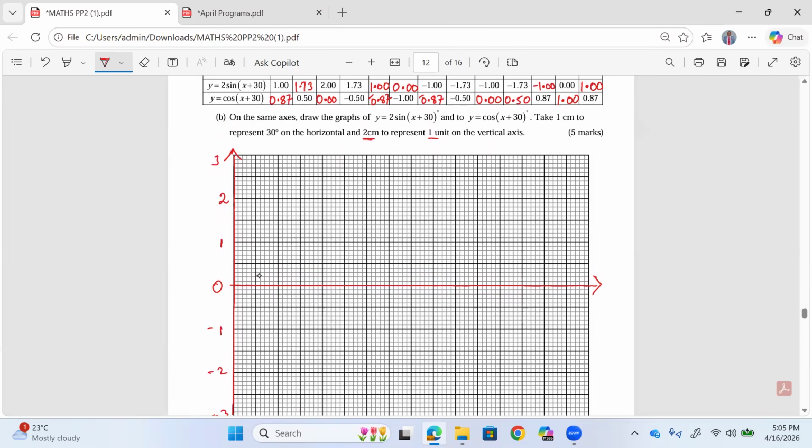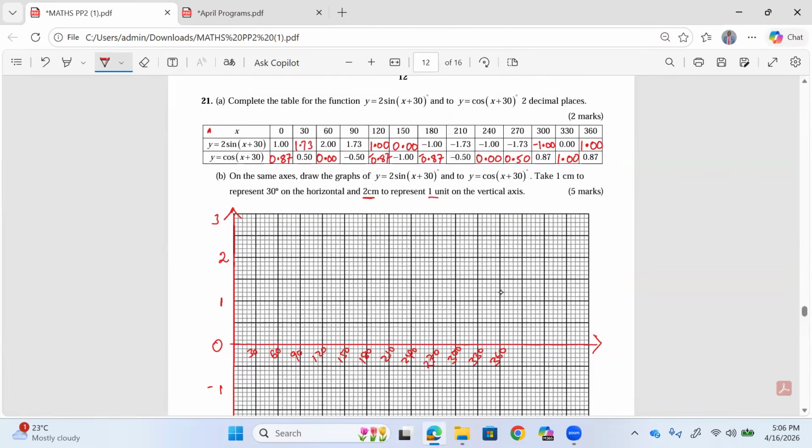So to use 1 centimeter for 30 degrees: 30 here, 60 here, 90, 120, 150, 180, 210, 240, 270, 300, 330, 360.